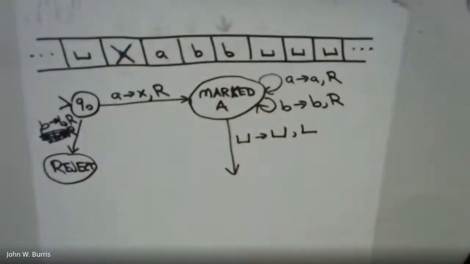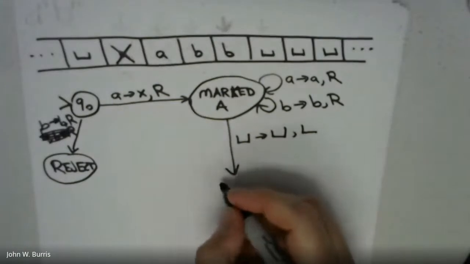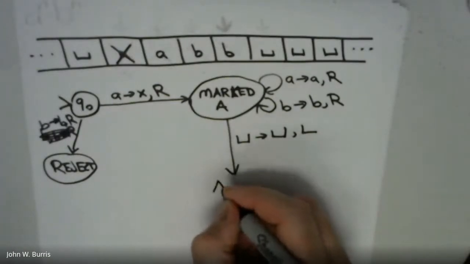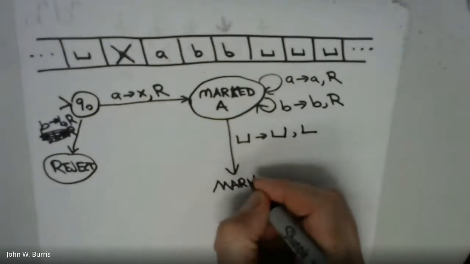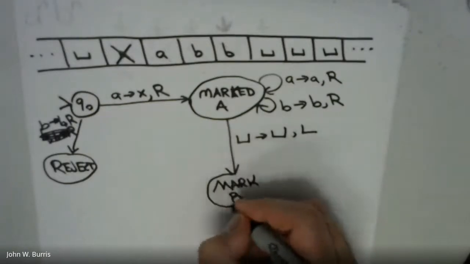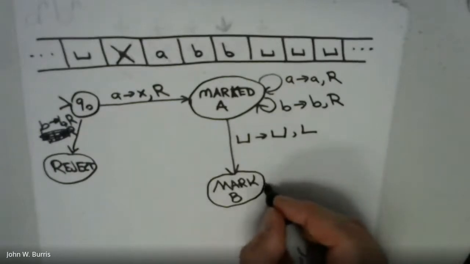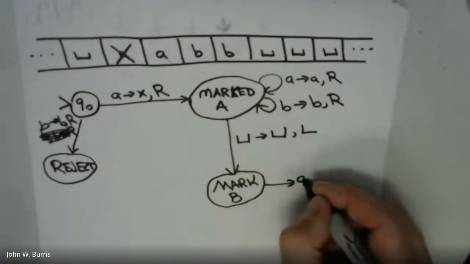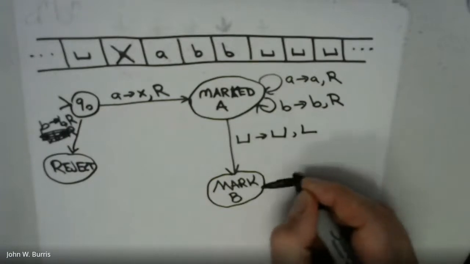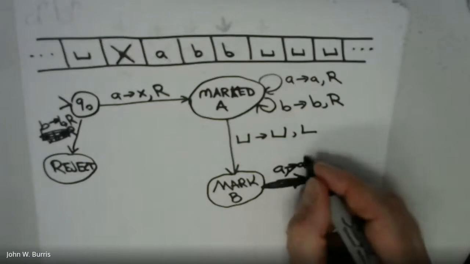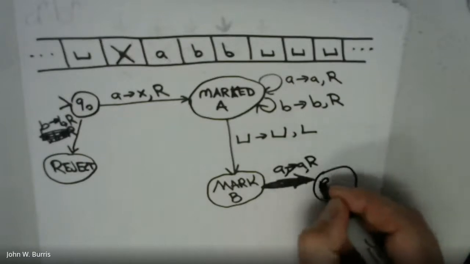Now, at this point, I'm going to go from mark A, instead of past tense, I'm going to say this one is present tense, and I'm going to mark the B. Now, if I read anything but a B, if there's an A there, oh shoot, I'm sorry. If there's an A there, I want to reject.